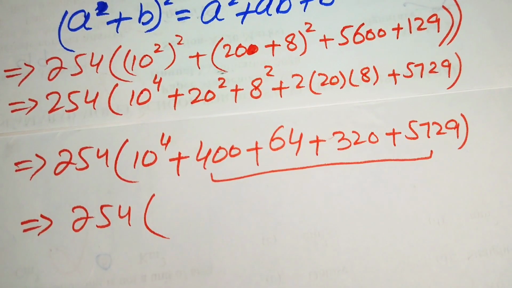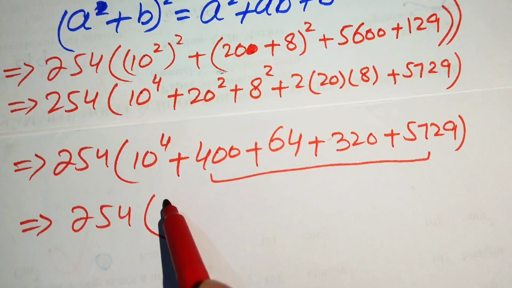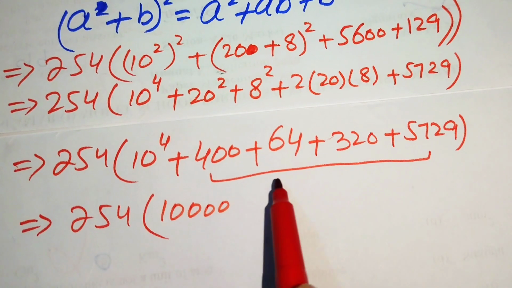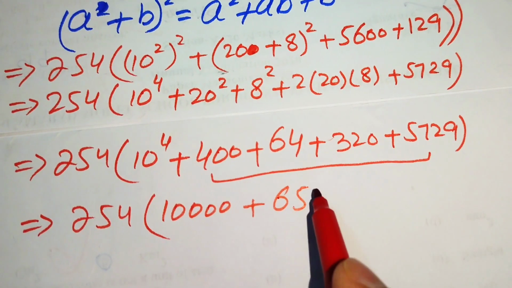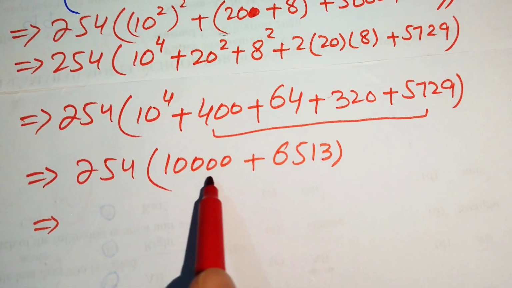So here we need to just add all of these values, and after adding these values we get our answer. When you add all of these terms, here you have 10 to the power of 4, we write it as 1 with 4 zeros, and when you add all of these terms, it is equal to 6513. So here we need to multiply 254 on both of these terms.